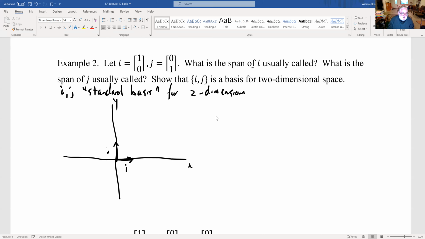So what's the span of i? The span of i is usually called the x-axis. And the span of j, that's all multiples of j, is usually called the y-axis.